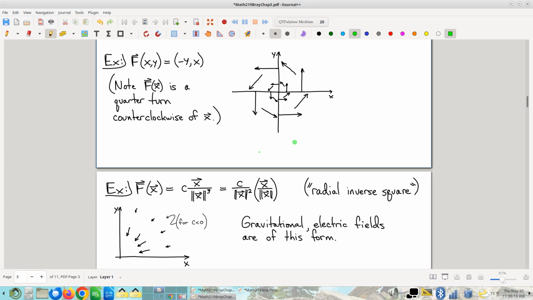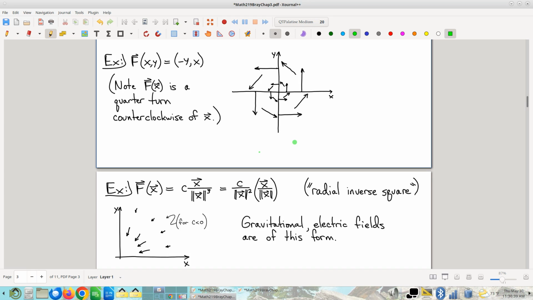It's good to have different physical interpretations, manifestations of mathematical objects, because it gives you different ways to think about them. And it also gives you different physical scenarios to which you can apply them. So what we see here is that vector fields are going to be a useful tool in understanding fluid flows.